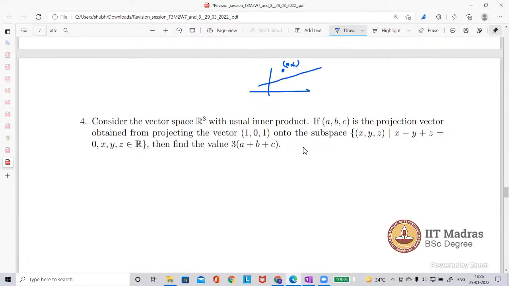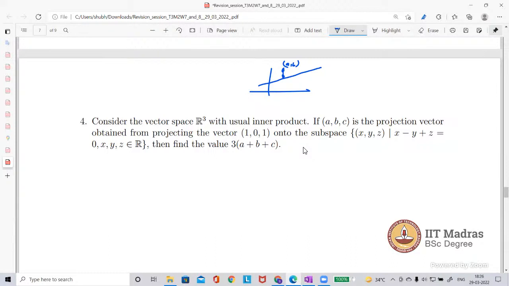So this is B. This is an element of R2, AB. You want to find the shortest distance with this line. So actually projection is one kind of giving the shortest distance between two vectors, or a vector and a subspace. If you see in videos, I have clearly told about that. Otherwise, you can just remember the formula also, that's enough.